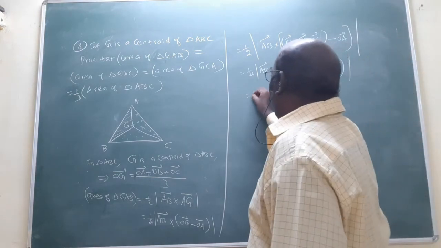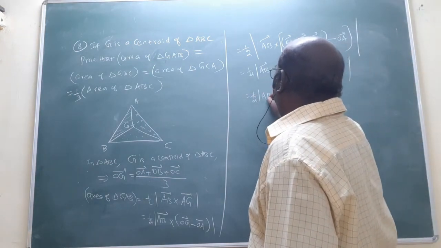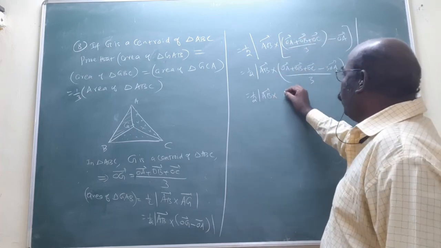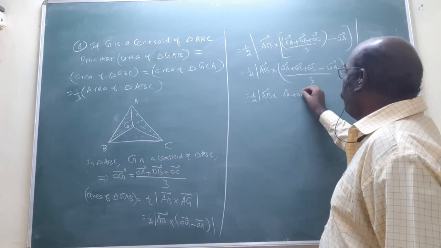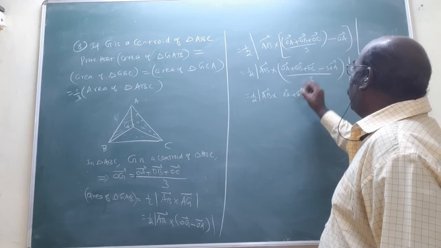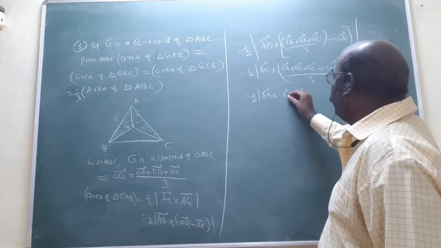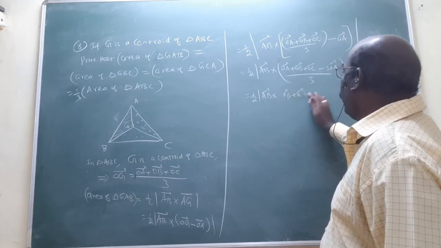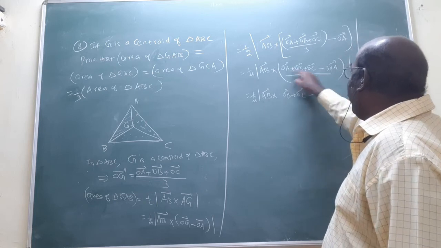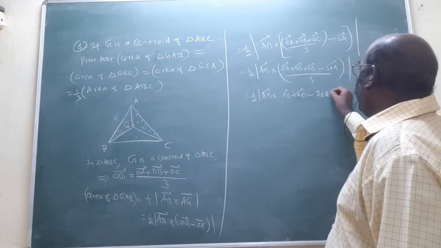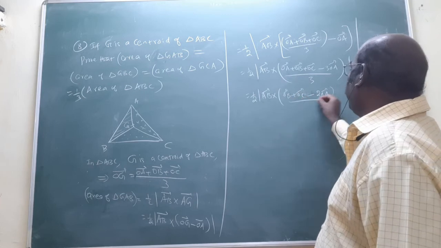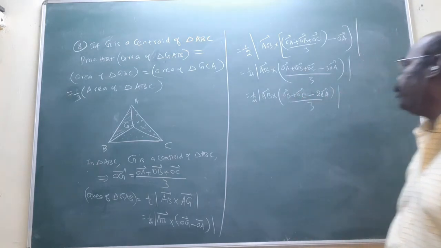That's why 1 by 2 into AB vector cross (OA vector plus OB vector plus OB vector first, next OC vector, minus 2 times OA vector), inside the modulus.